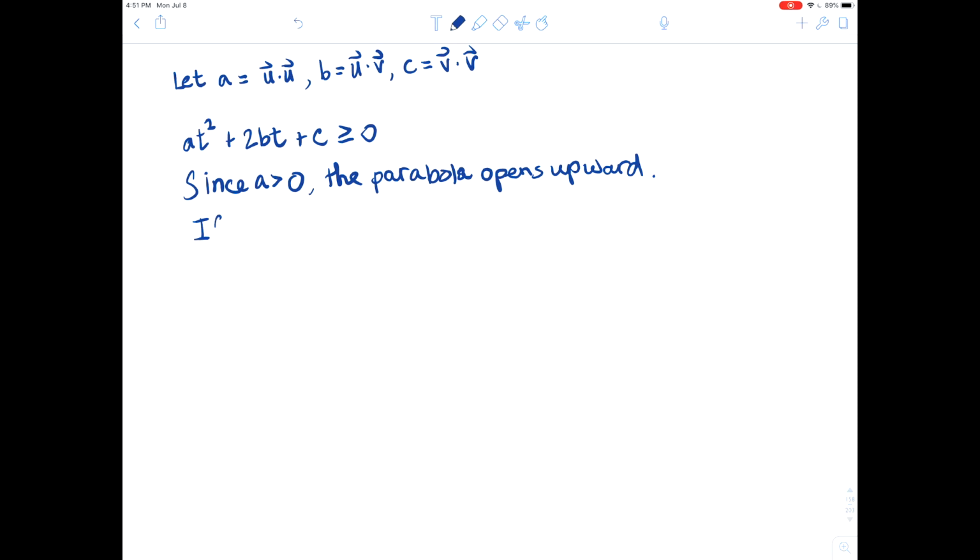So if at squared plus 2bt plus c equals 0, we have that tangent situation. So it would be a single repeated root. Because remember, you'd end up having a degree of 2, so you'd have one root with multiplicity 2.